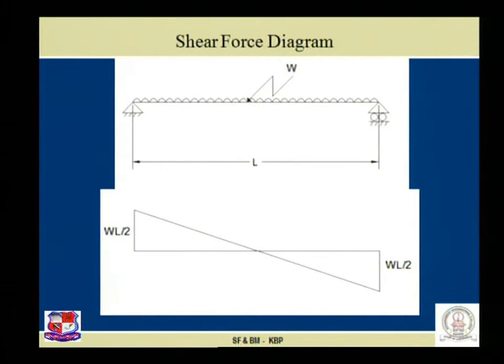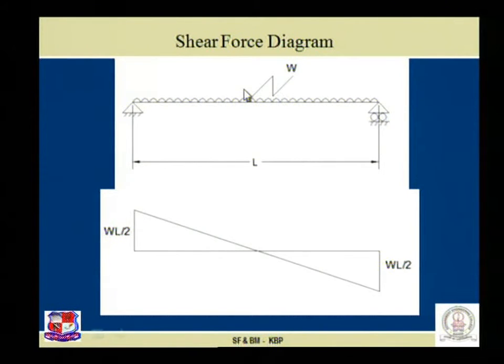Recall the previous case: between 2 point loads, if there is no load, the variation of shear force is given by a horizontal straight line. But here, for a UDL, variation of shear force is given by an inclined straight line.